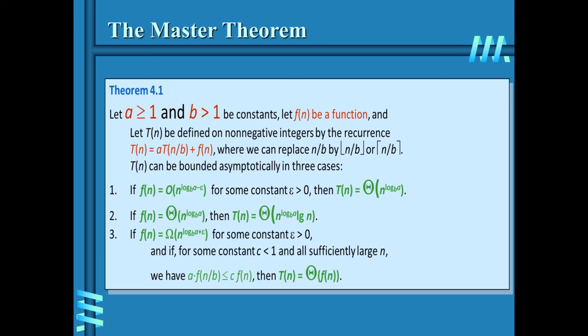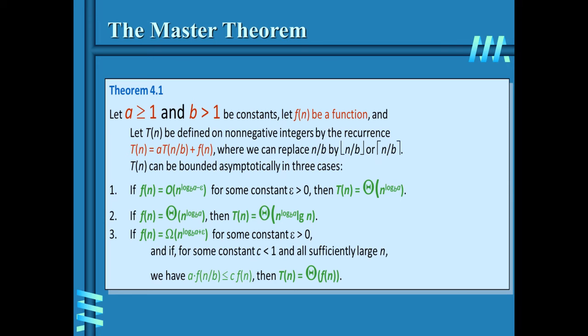Usually we would like to remember this: if you found the recurrence relation T(n) equal to aT(n/b) plus f(n), then you check the asymptotic order of f(n) against n to the power of log_b a.